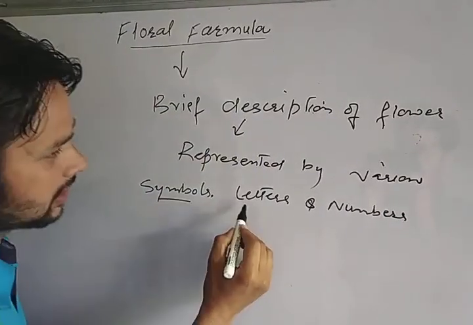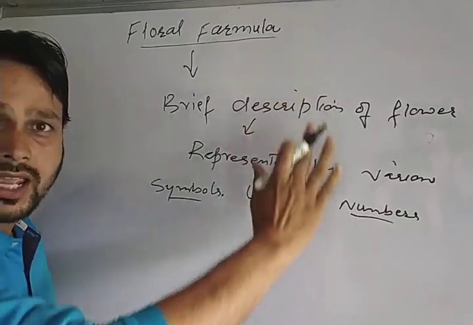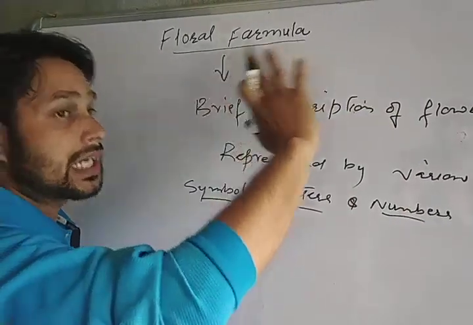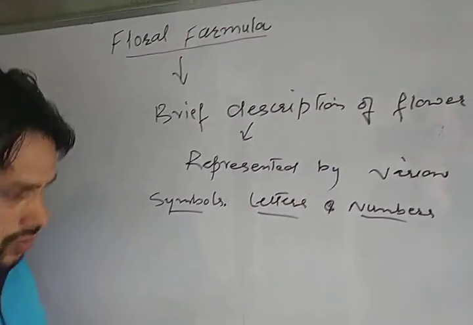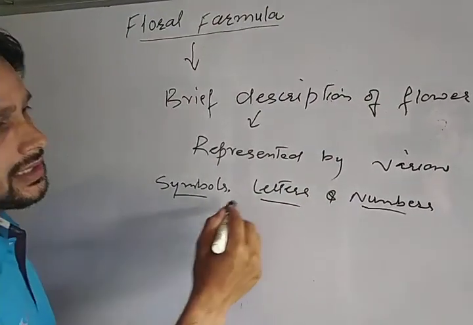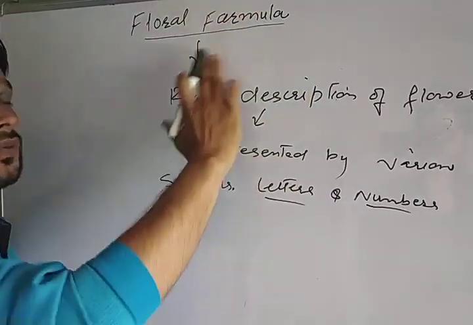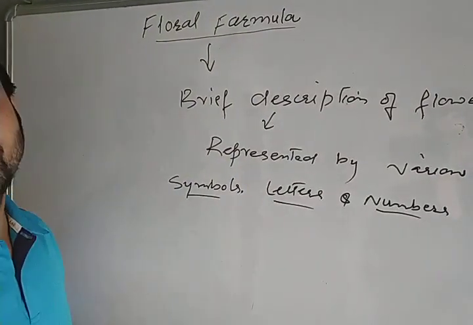These symbols, letters and numbers are used in order to describe a flower or the characters which the flower has. I will show you all the symbols, letters and numbers which are used in describing the flower in a scientific way.